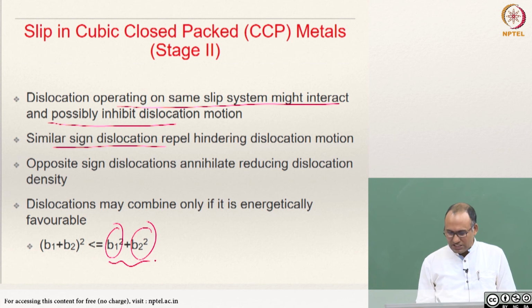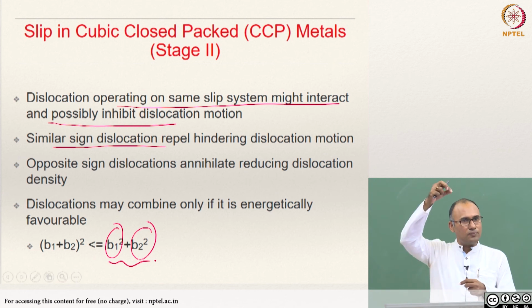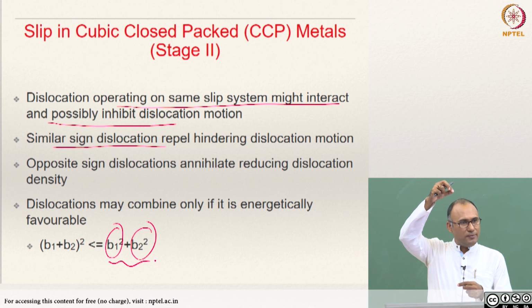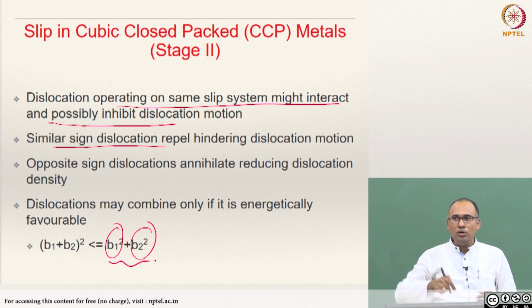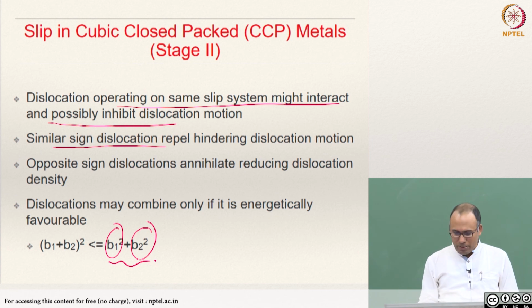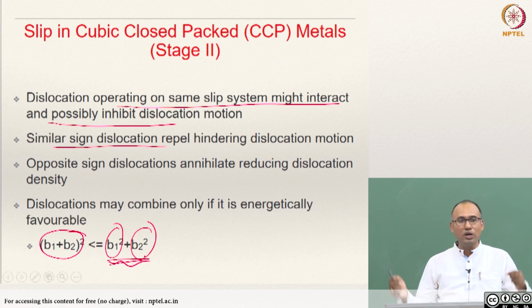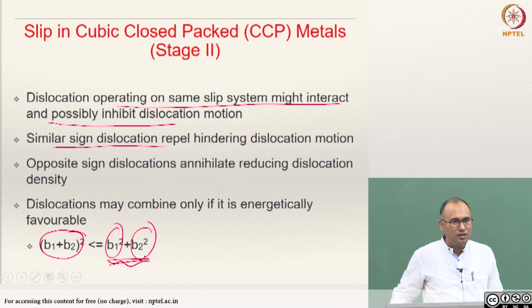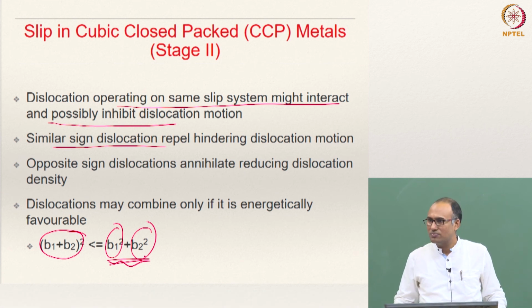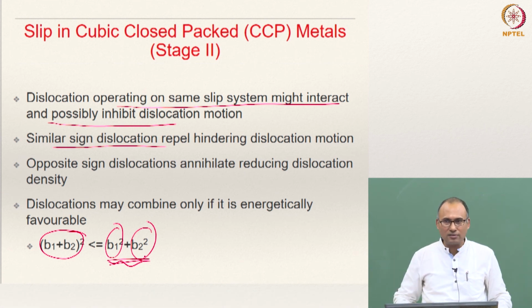So, the total energy is this. When they are combining, the resultant dislocation will be b1 plus b2, isn't it? So, the energy of the resultant dislocation will be (b1 plus b2) whole squared. If this energy happens to be less than or equal to this energy, only then the dislocations combine, otherwise they don't. Only then will they interact and form a new dislocation, otherwise they won't interact.